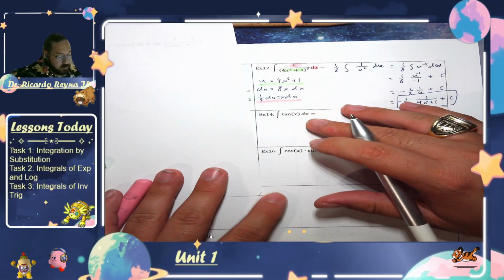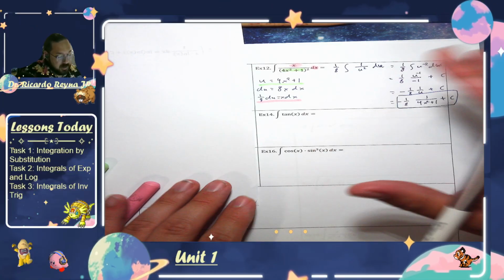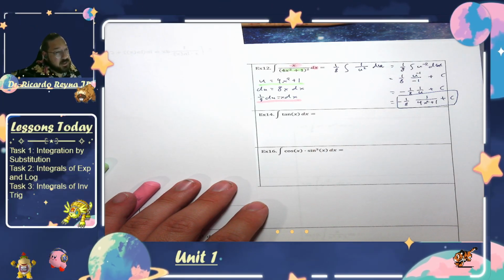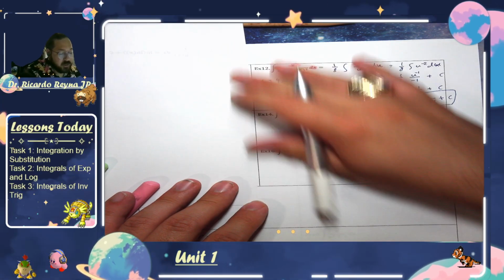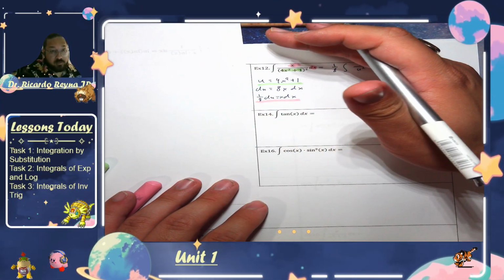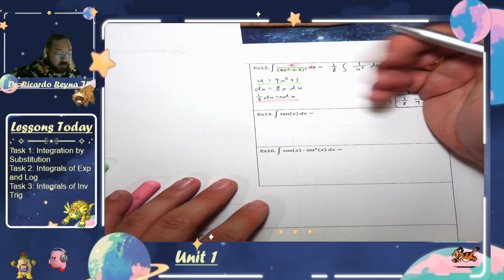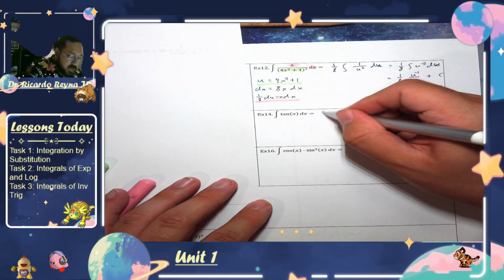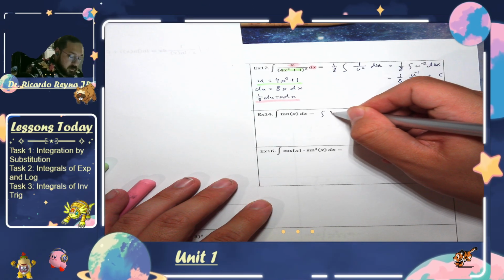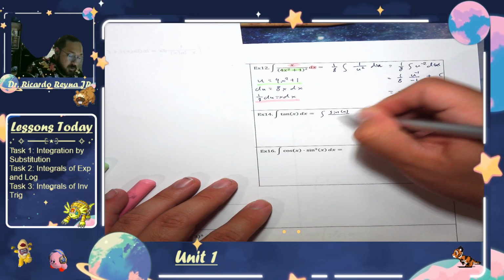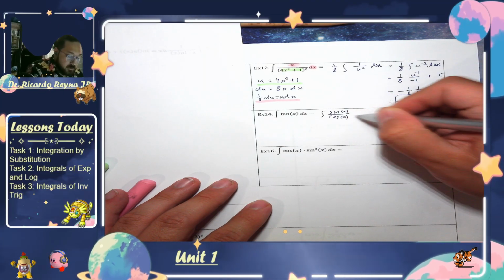So what variable gives us tangent? Well, this one is a little bit tricky because tangent is not any derivative or any derivative's result. But we know that tangent is technically sine of x over cosine of x.